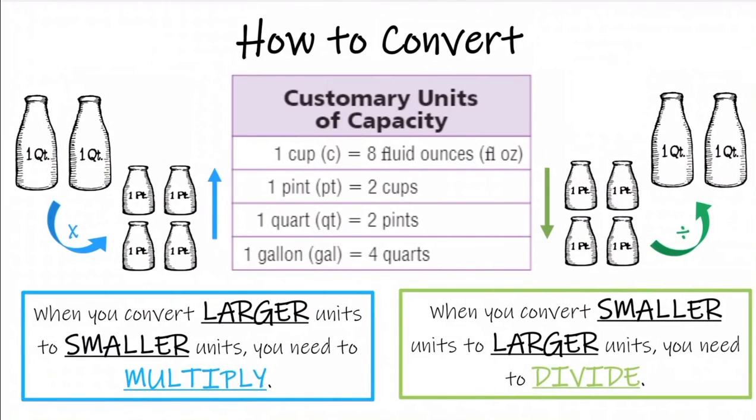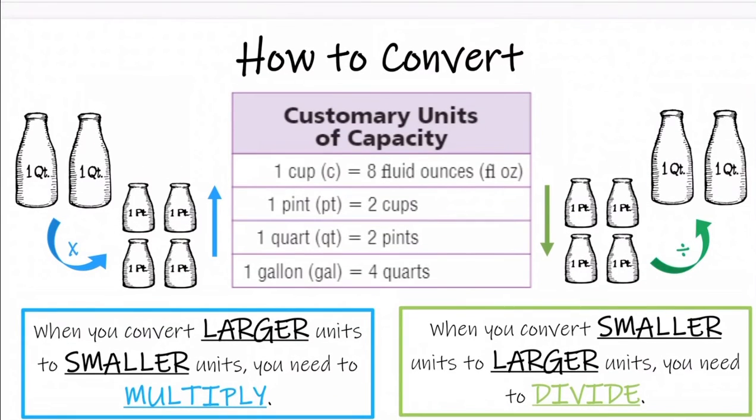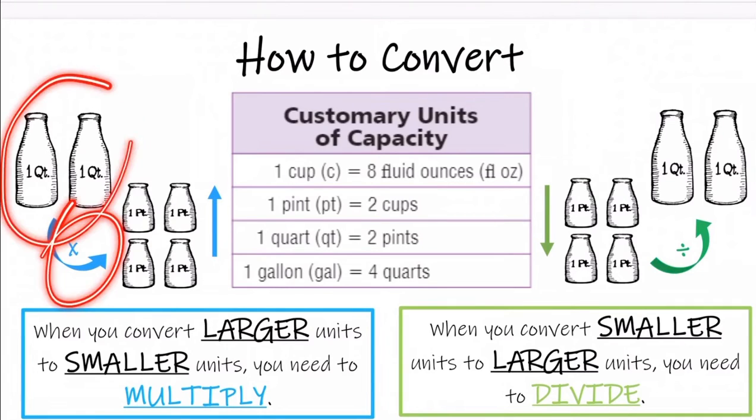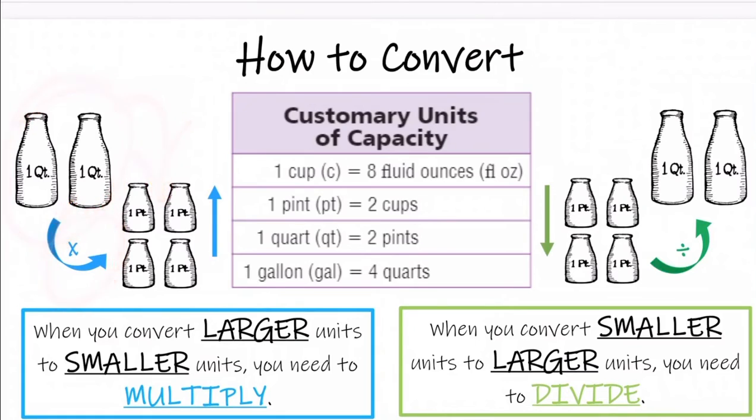Okay, again, how we convert. Anytime we're going from a larger unit, so a quart on this left side is a larger unit, and we're trying to convert it to a smaller unit, we have to multiply. And when we multiply, we get a larger number, right? We're going from 2 to 4.